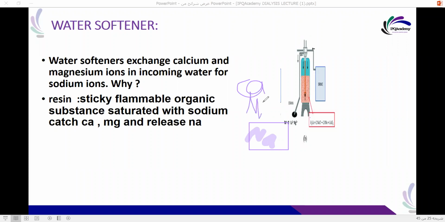So a process of exchange occurs between the water and this resin inside the softener. The resin releases the sodium and absorbs the calcium and magnesium. This process is called softening of the water. It is important to protect the reverse osmosis membrane, which is the main hero of this process.